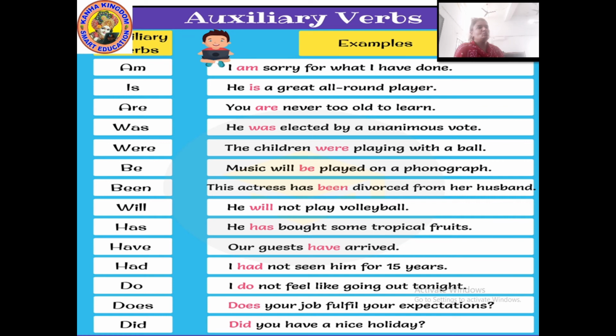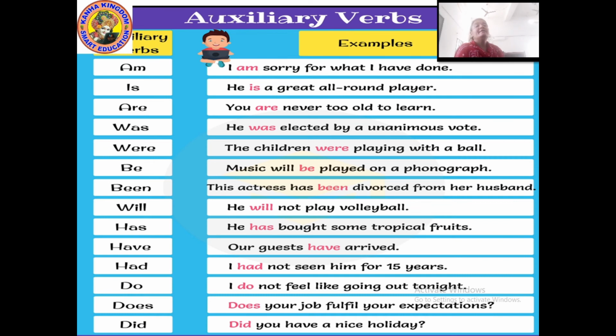Okay. Do. I do not feel like going out tonight. Do. Negative form. I told you it can be used in the negative form or in question forming. The sentence is in the negative form. Do is an auxiliary verb. Does. Does your job fulfill your expectations? Does is also an auxiliary verb which is used to form negative sentences or questions.